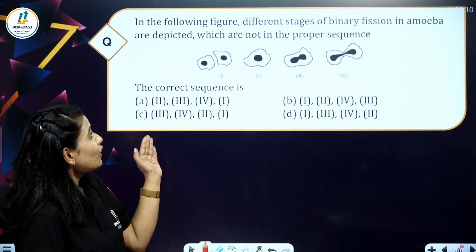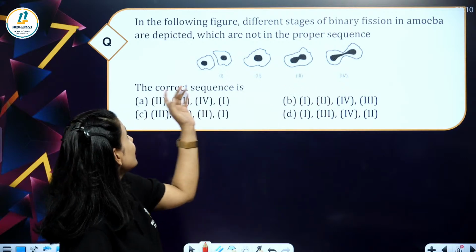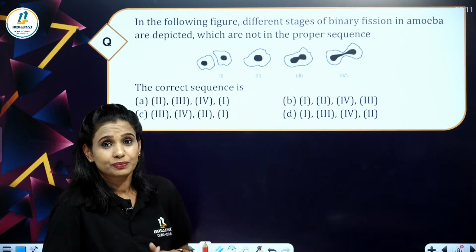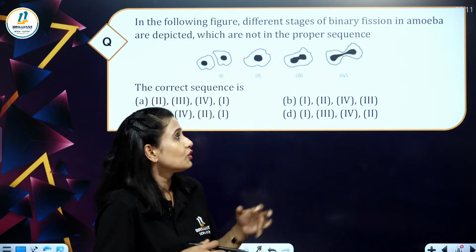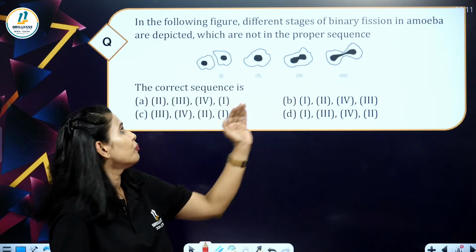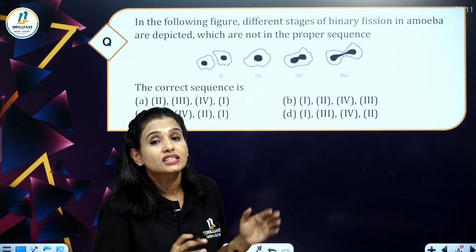See, in the following figure, different stages of binary fission in amoeba are depicted, which are not in the proper sequence.